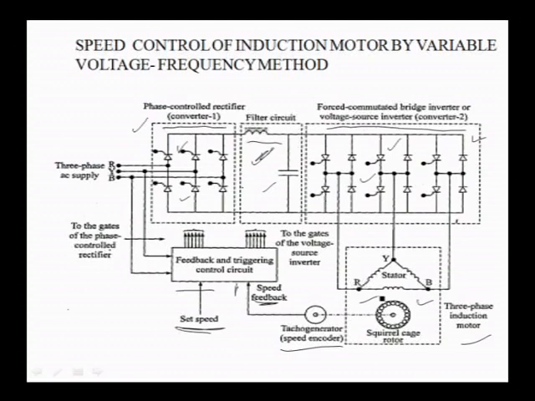We measure the speed using the tacho generator. So, this will be the measured speed and the set speed. This circuit also generates triggering pulses to both the converter and the inverter. If there is an error, we have to vary the firing pulses to this and this.